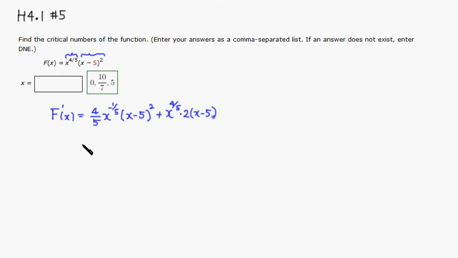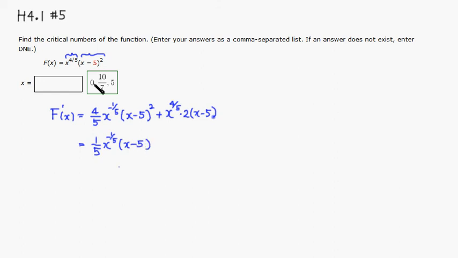Here, I'm going to pull out 1/5 in front, and also x to the negative 1/5, and I'm going to pull out the x minus 5 as well.